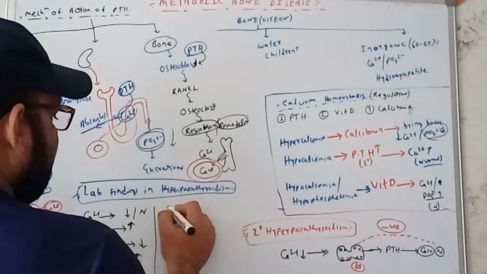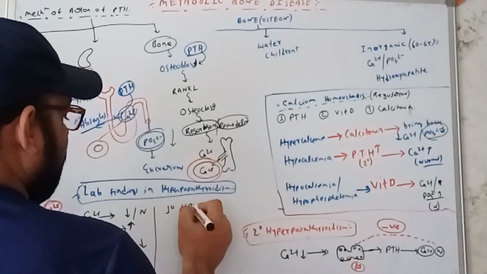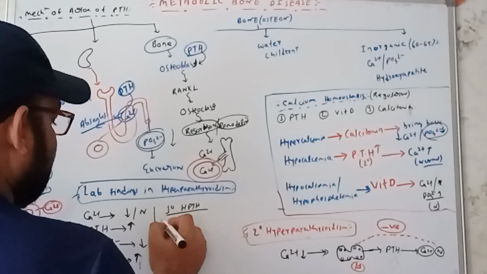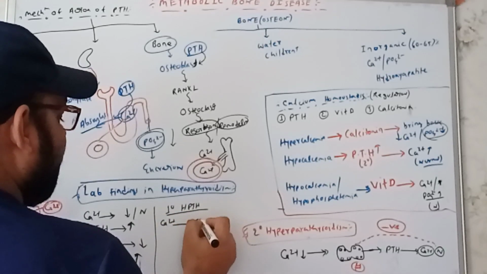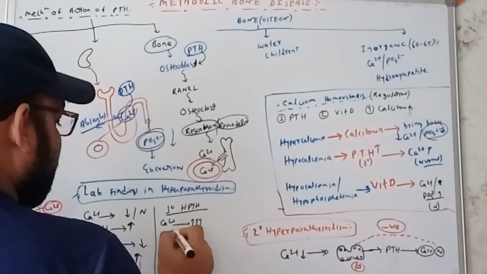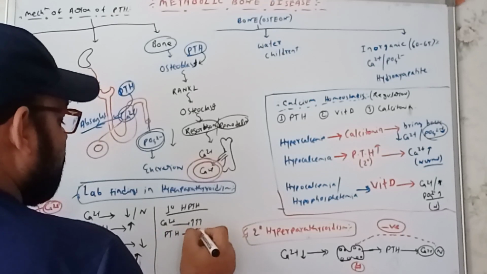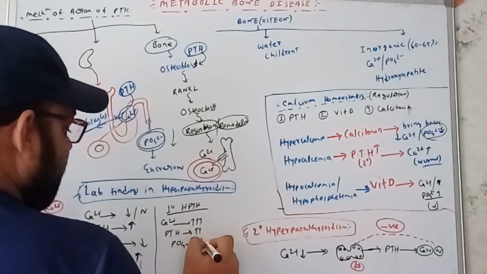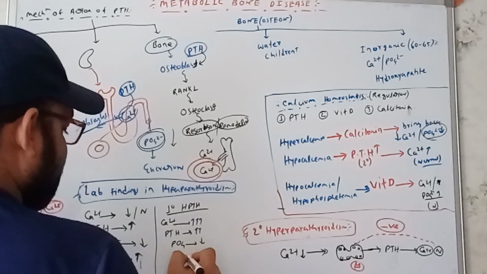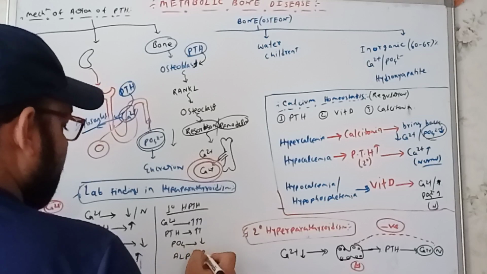In terms of primary hyperparathyroidism, what kind of changes will we get to see? Here, the calcium level, of course, will be elevated so much beyond the normal level. For example, the secretion of parathyroid hormone will also be much more. The phosphate will also be reduced. And what about alkaline phosphatase? That will also be increased over here.